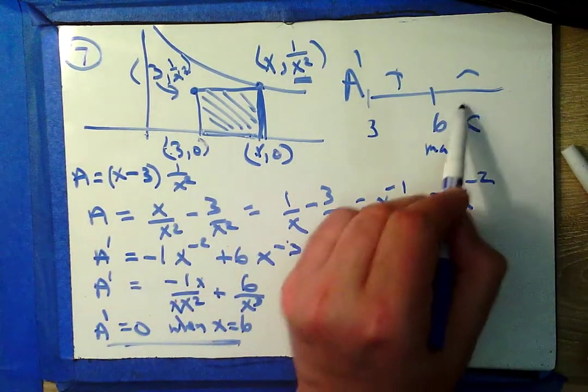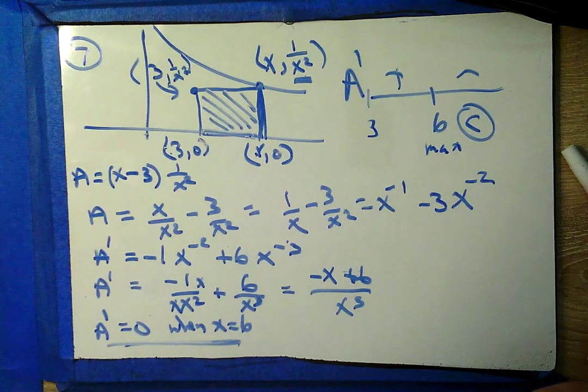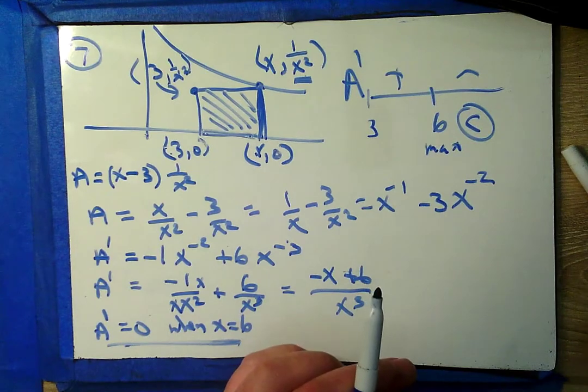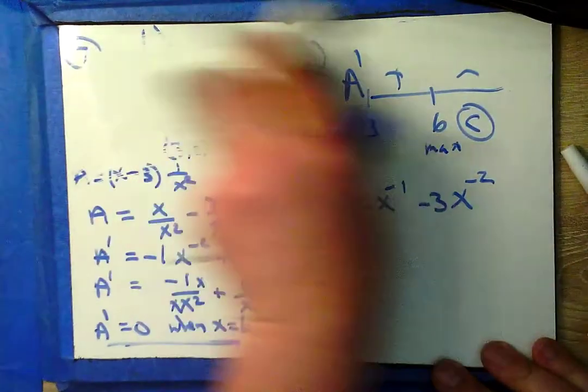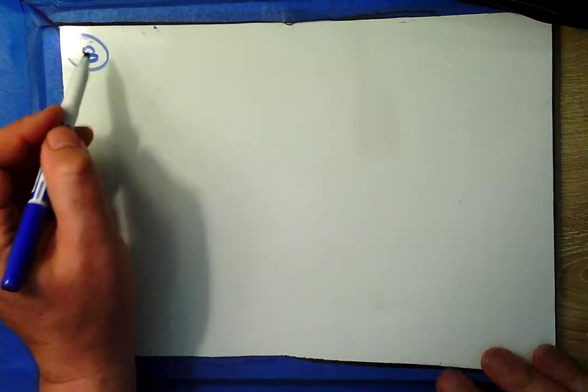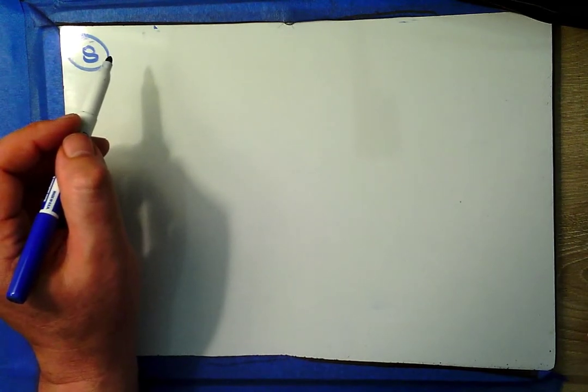C is this value. Okay, so let's take a look at problem number 8. 8 says, consider right circular cylinders for which the sum of the height and the circumference is 30.